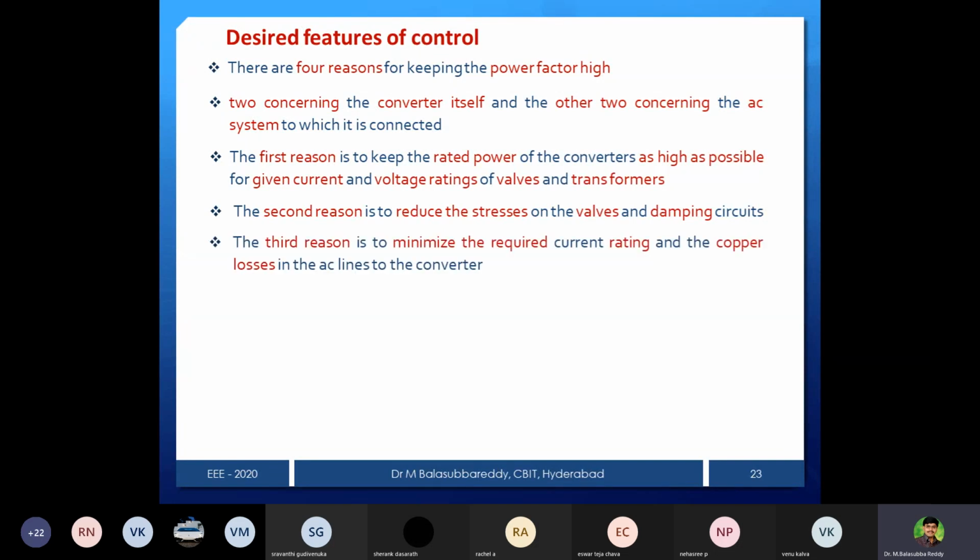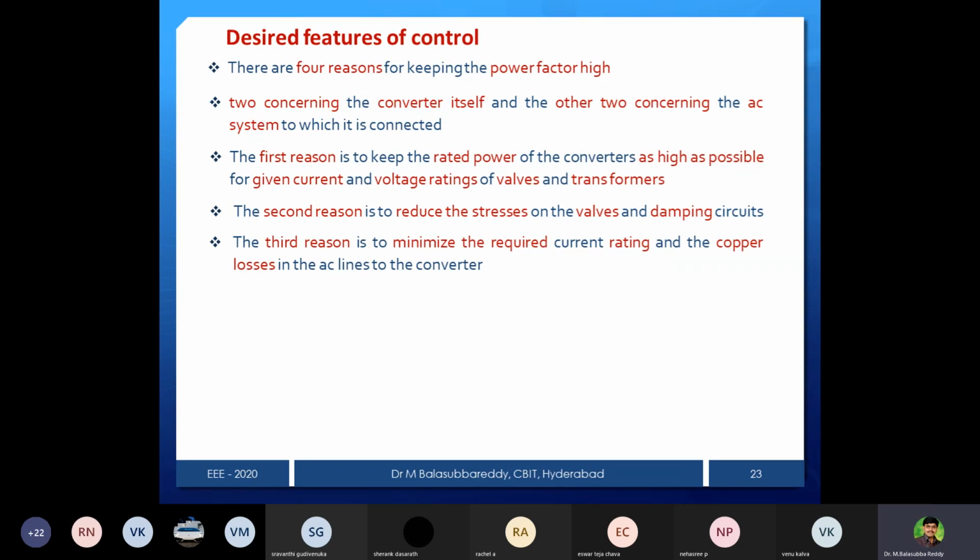And the third reason is to minimize the required current rating and the copper losses in the AC lines to the converter. So you can minimize the required current rating. Why? Because the power P is equal to V into I into cos phi.